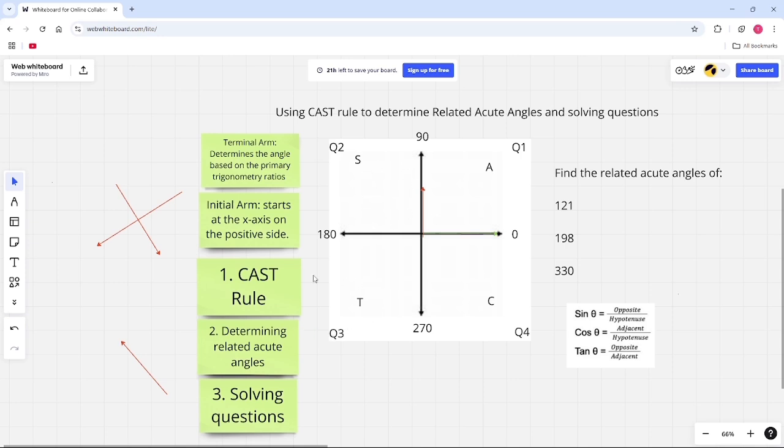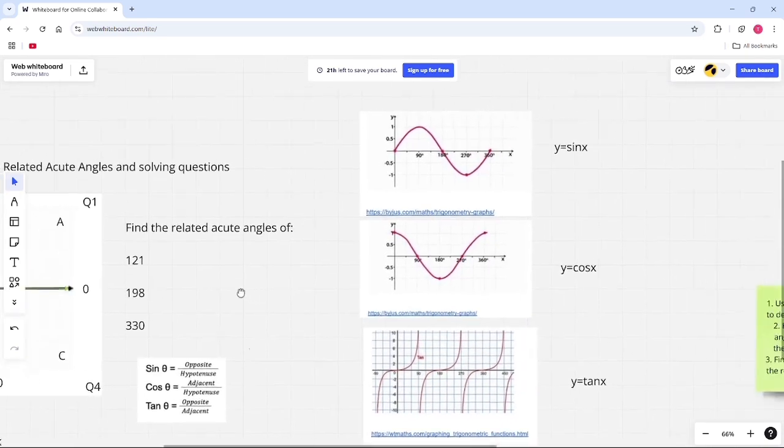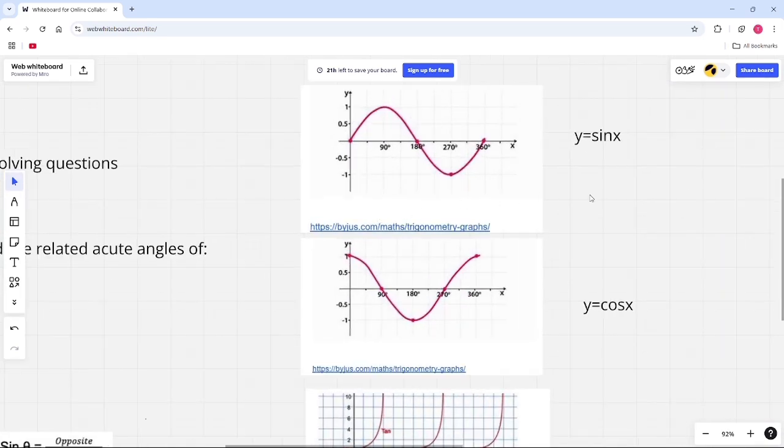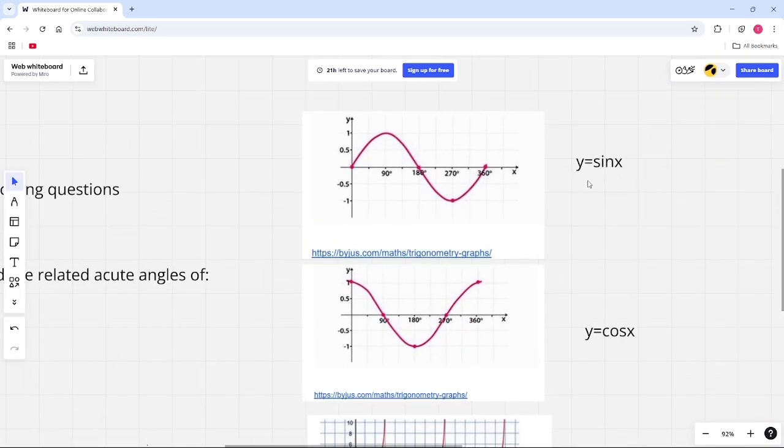Now, why is that the case? Well, if you try graphing this function, y equals sine x, it creates a function, but not a simple linear or a quadratic function, as you may have seen before. It creates a sinusoidal, right over here. So y equals sine x.